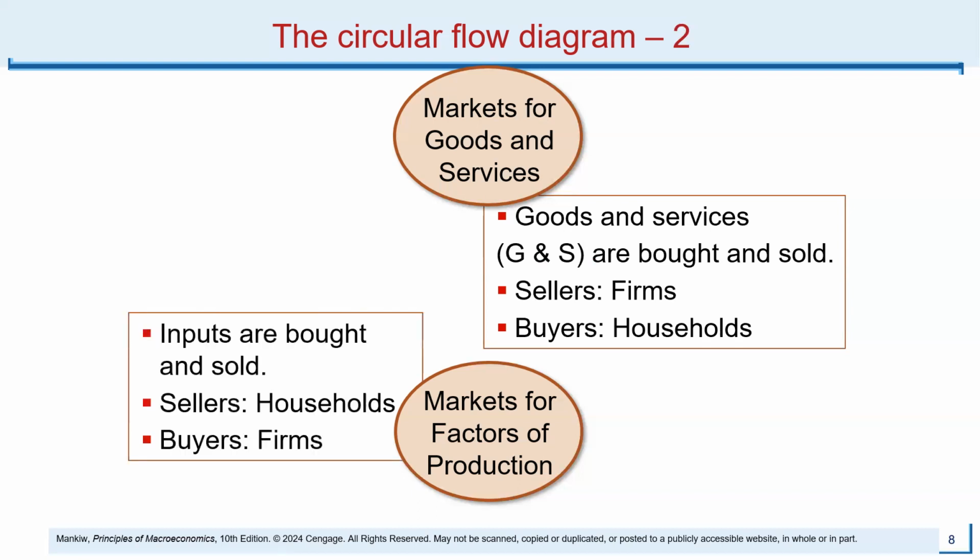As to the market for the factors of production, it is a place where the inputs are bought and sold. The sellers will be the households because they are the owners of all those factors. Those factors may include labor and capital. The buyers will be the firms because the firms require those resources for production.